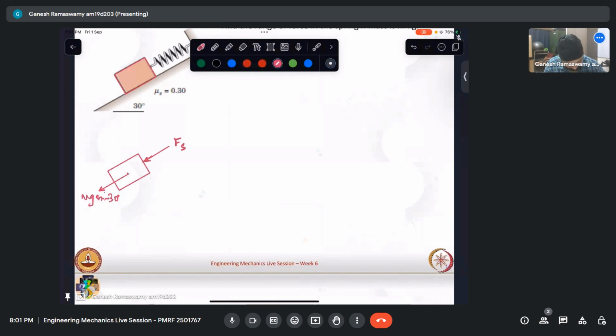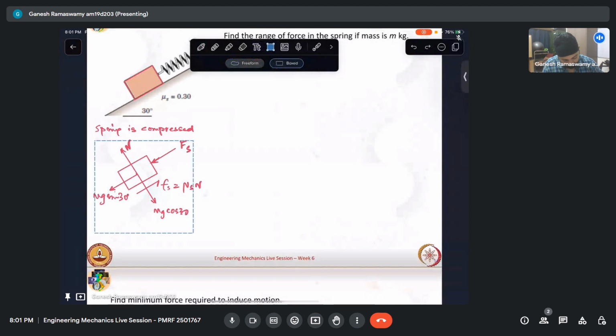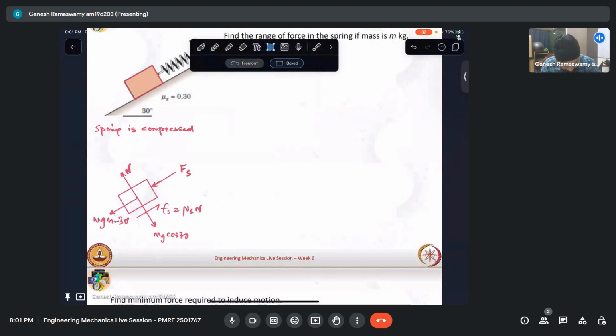And then I have my frictional force, which is mu s n, where this is n. Let me write: spring is compressed to achieve this position.